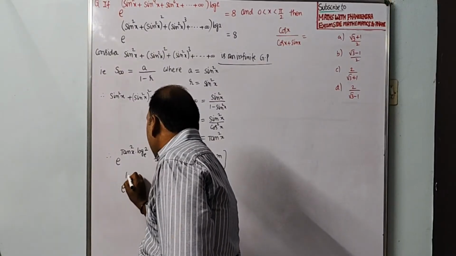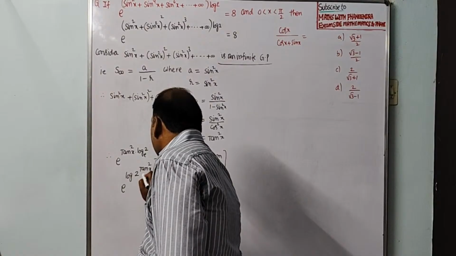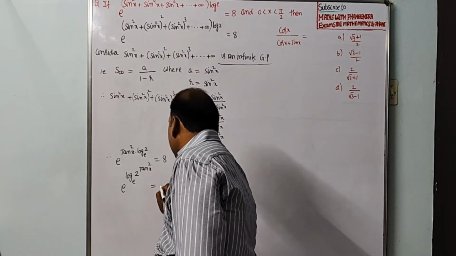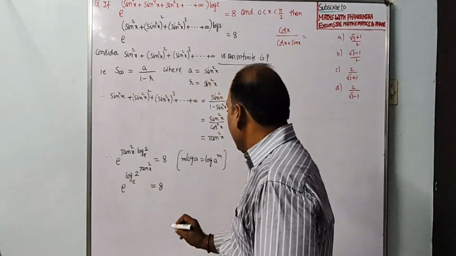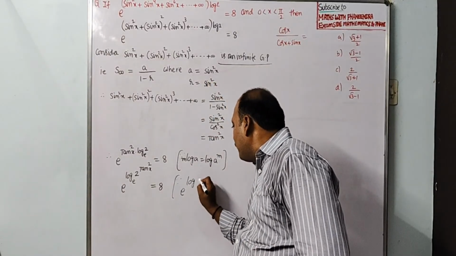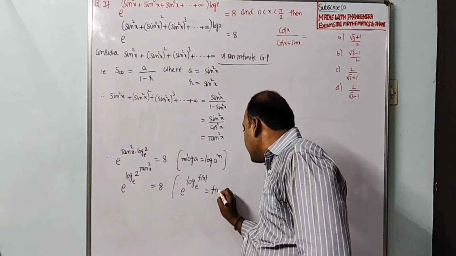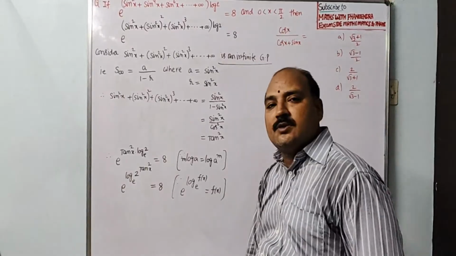So e power log of 2 power tan square x to the base e is equal to 8. Another logarithm formula: e power log f of x to the base e is equal to f of x.